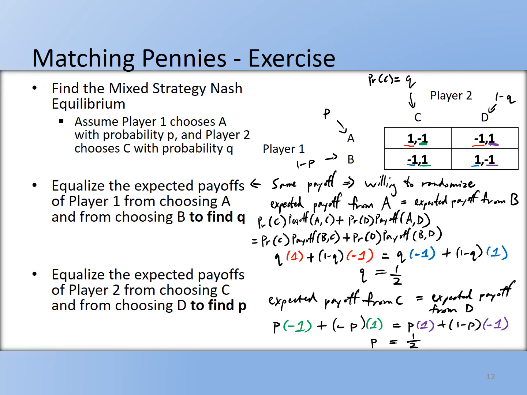And finally, if player 1 chooses action B, which happens 1 minus P chance, and player 2 chooses action D, she is going to get -1. All right? Still following what I'm doing?